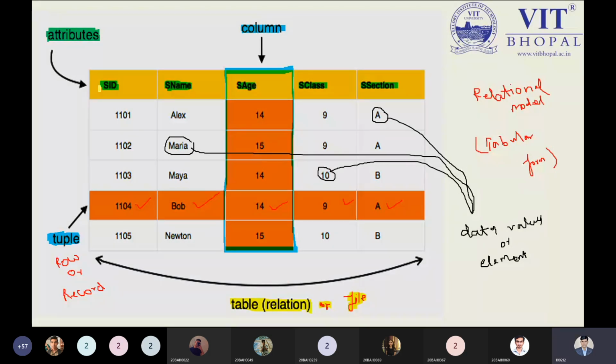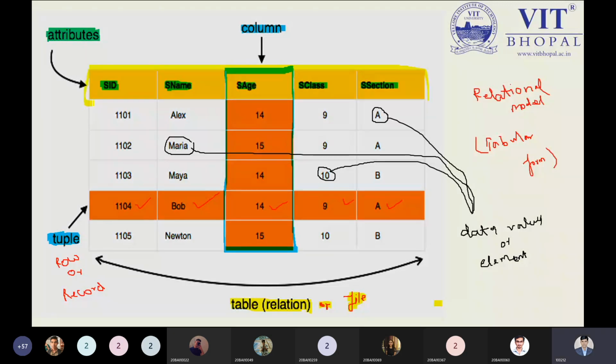SID is the student roll number. Student name we have, student age we have, student class we have, and student section we have. This is what you can observe over here.